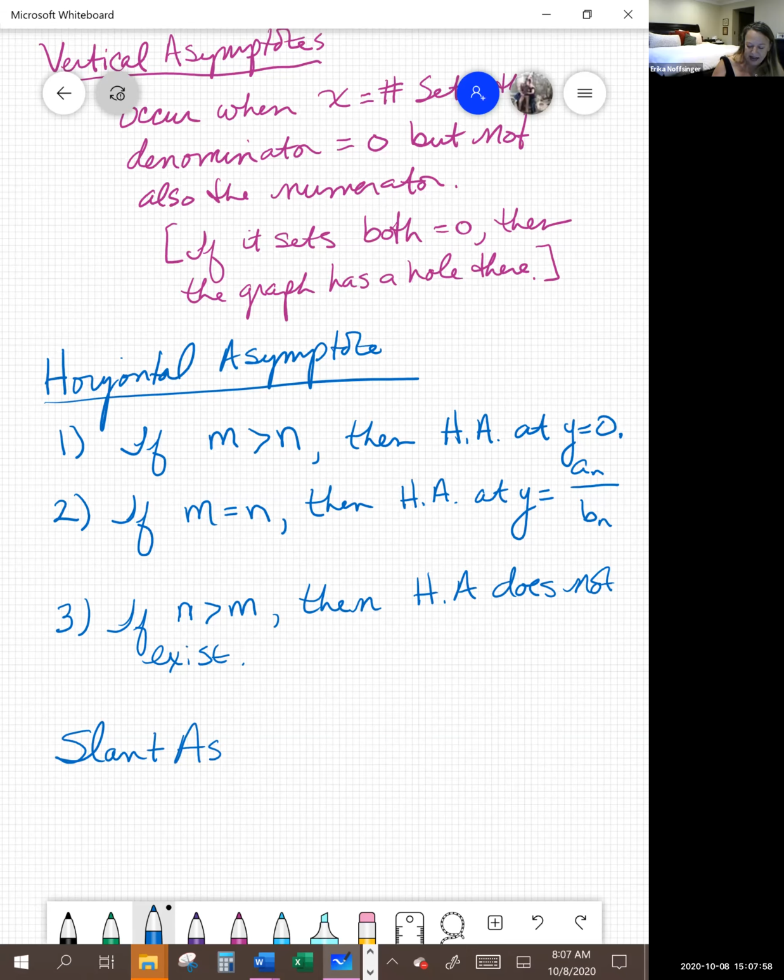Okay, so slant asymptote or oblique asymptote. Those are just the same thing, just called different things in different books.